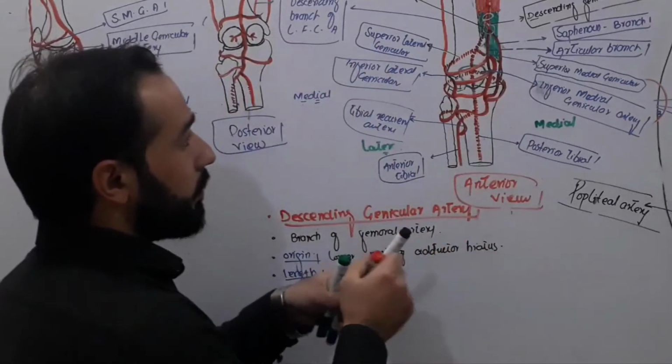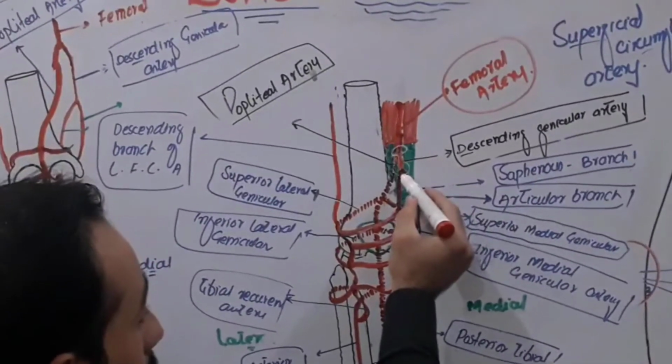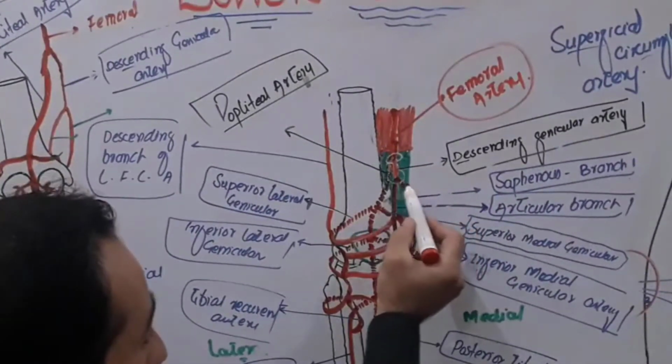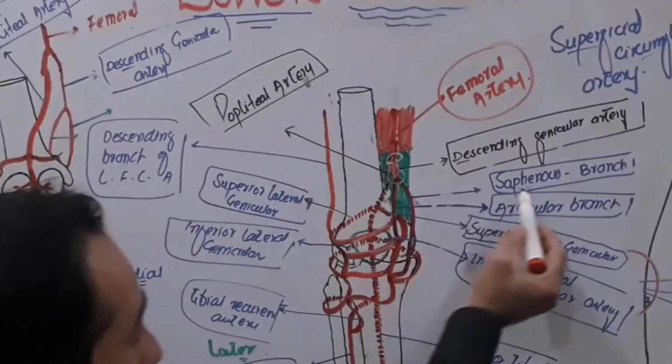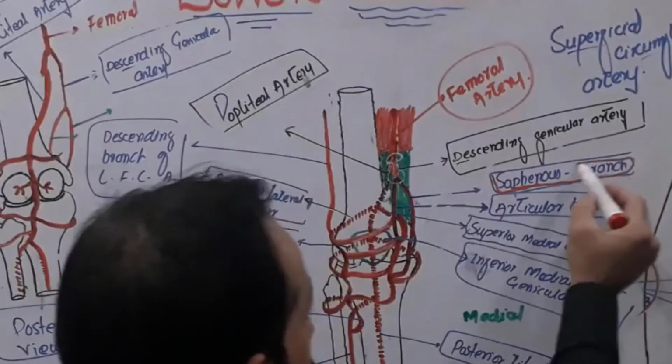So this artery gives off two important branches that I have mentioned in the previous lecture, right? Let's come and see here. This is our descending genicular artery and it gives off two branches. The first branch, which is going medially, is called the saphenous branch, right? Let me colorize it like this.